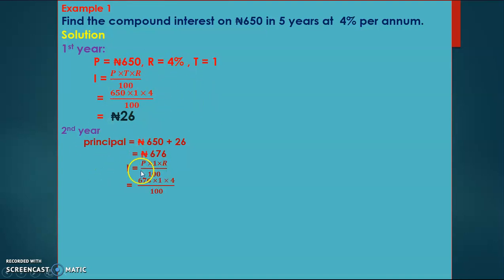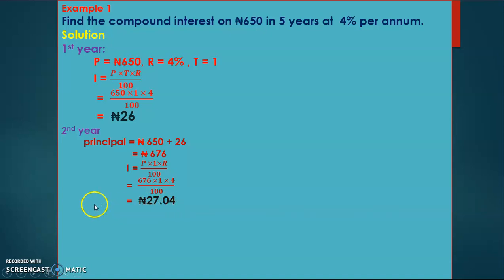We are still maintaining the same formula, and our T will remain 1 throughout our calculation. So our interest for the second year will be 676 naira times 1 times 4 all over 100. Doing that, we are going to have 27 naira 4 kobo.